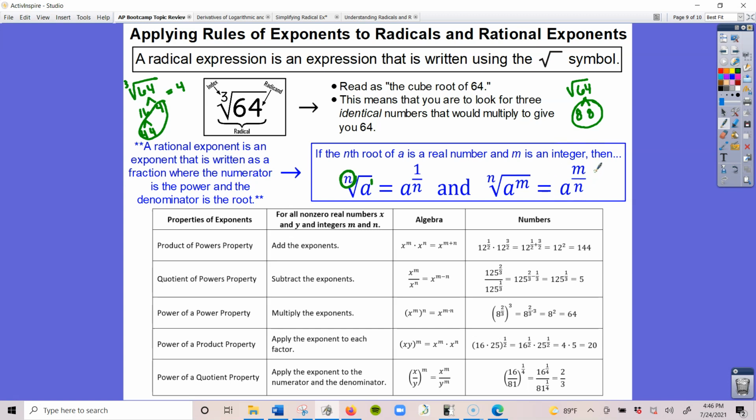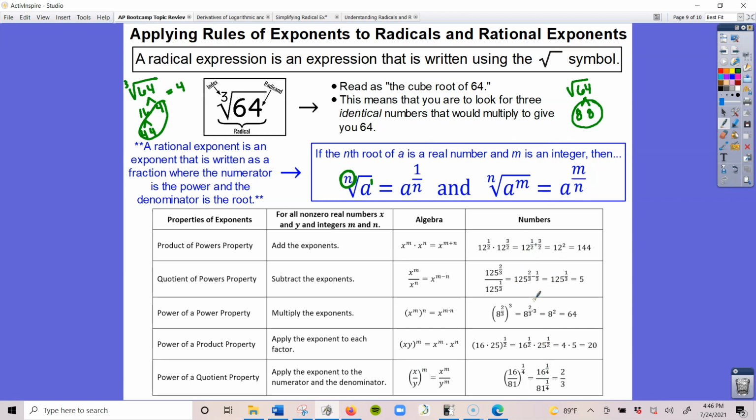We do this because in order to simplify expressions, we can apply those same rules of exponents that we saw in the previous slide using these rational exponents. So these are those main rules here, the ones for multiplication, division, a power raised to a power, multiple terms, and division. It's the exact same thing.